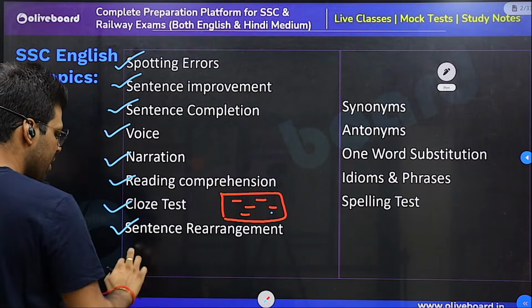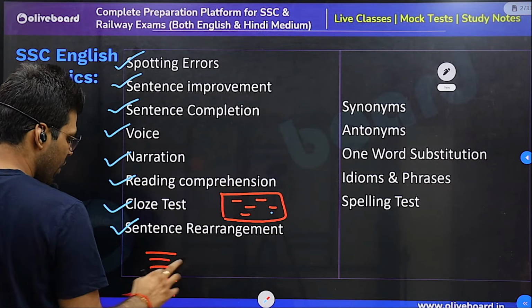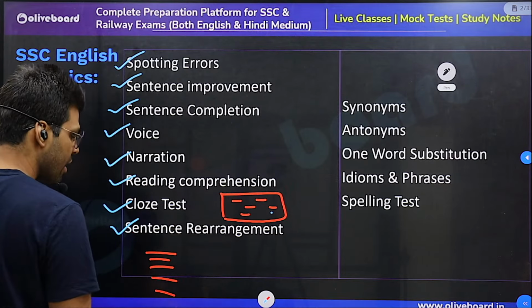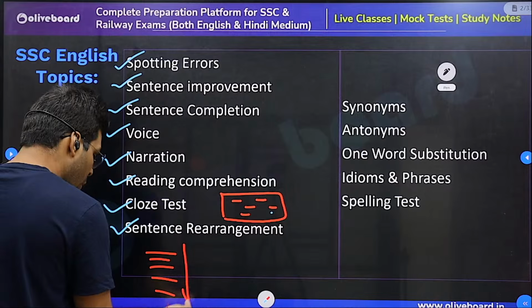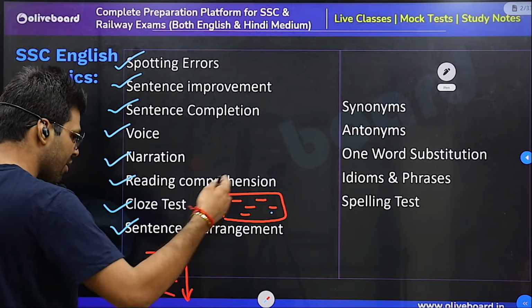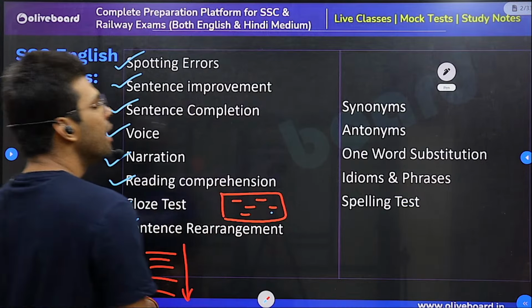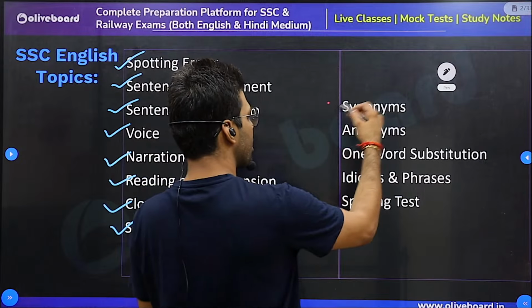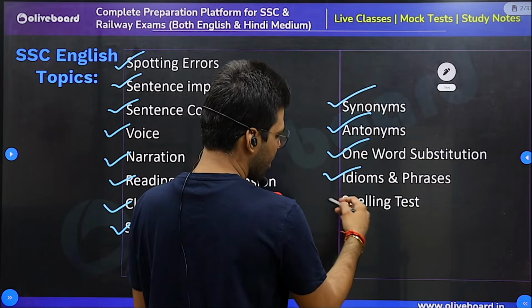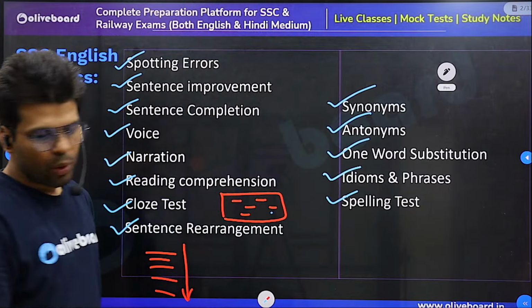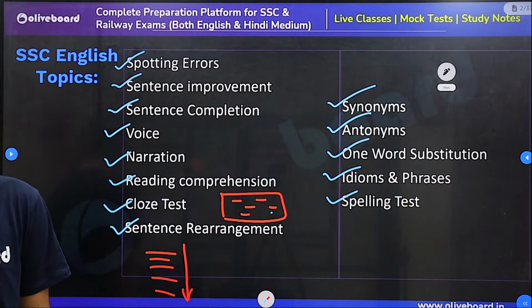Sentence rearrangements: sentences are given to us in a jumbled order, and we have to make them coherent. They should match the flow, the way things go ahead. Then vocabulary comes into existence, keeping antonyms, synonyms, one words, idiom phrases, and spell check. You have a look, we start.